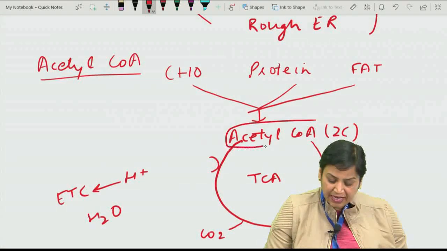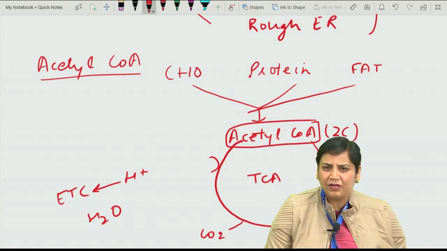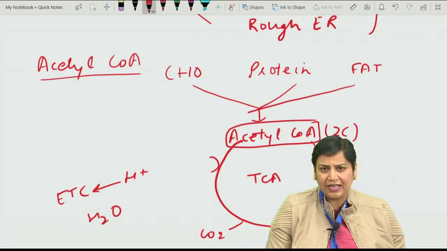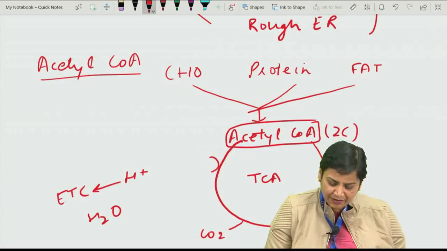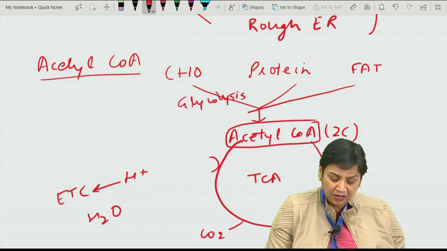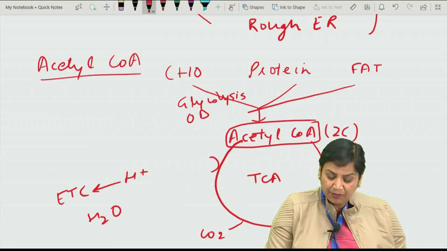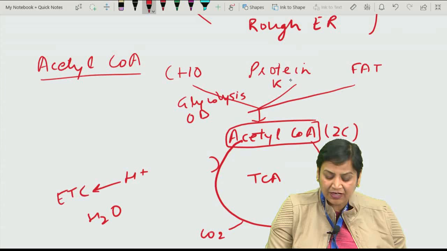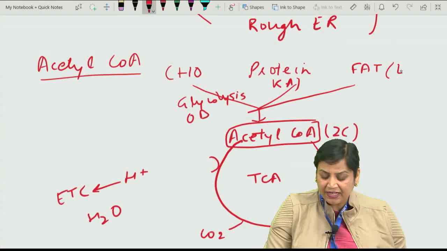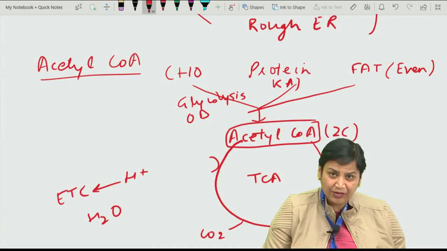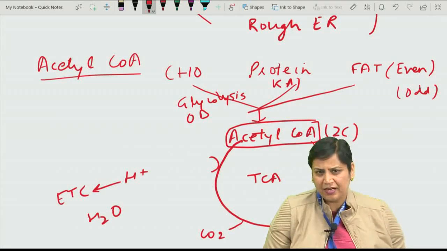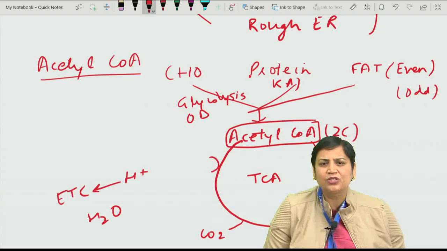So this acetyl coenzyme A plays a very pivotal role in intermediary metabolism. Carbohydrates, it's very clear, they can be directly converted into acetyl coenzyme A by glycolysis and by oxidative decarboxylation. Proteins, if they are ketogenic, they will be converted into acetyl coenzyme A, and fats, even chain fatty acids will form acetyl coenzyme A. Odd chain fatty acids will form propionyl CoA, which will be converted into succinyl coenzyme A, or some of the intermediates of TCA cycle.